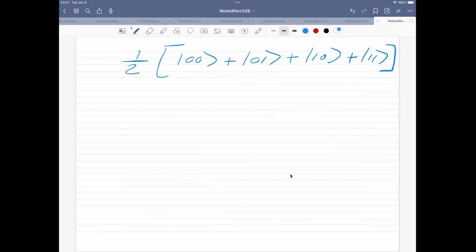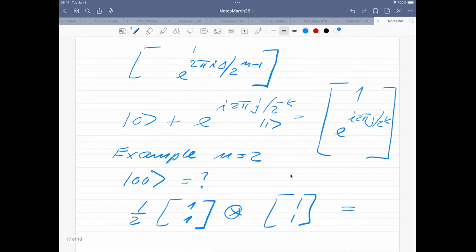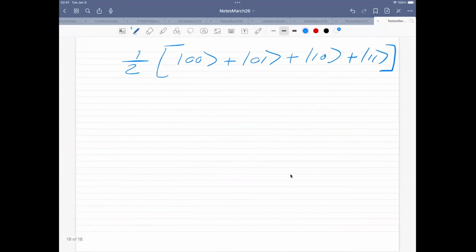So I've now created a superposition. This is not an entangled state, but a superposition of the possible states which we have for 2 qubits. So my 0, 0 state is Fourier transformed to a new state, which is a linear combination. And in principle, what we have done in this specific case is to perform just 2 Hadamard transformations.